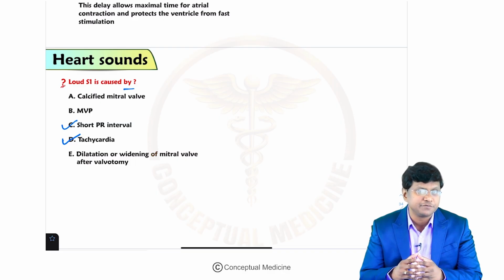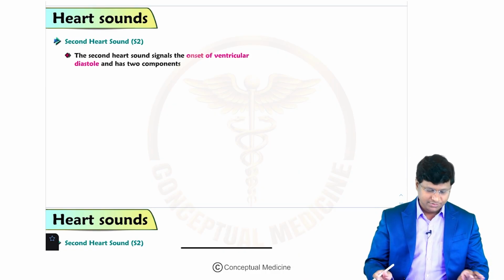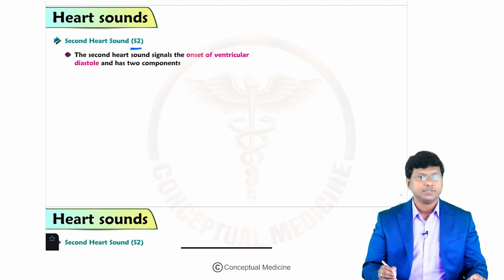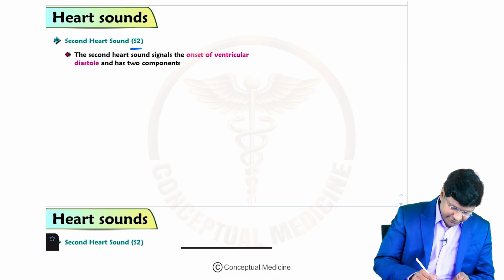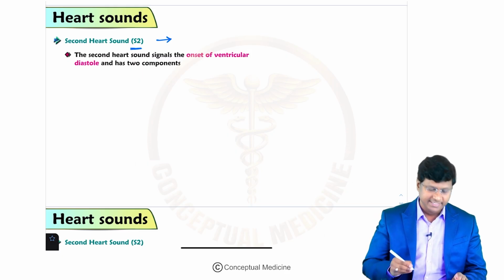After the discussion of the first heart sound, let me take up the discussion of the second heart sound. The second heart sound signals the onset of the ventricular diastole. So during which phase of the cardiac cycle will you have the second heart sound?